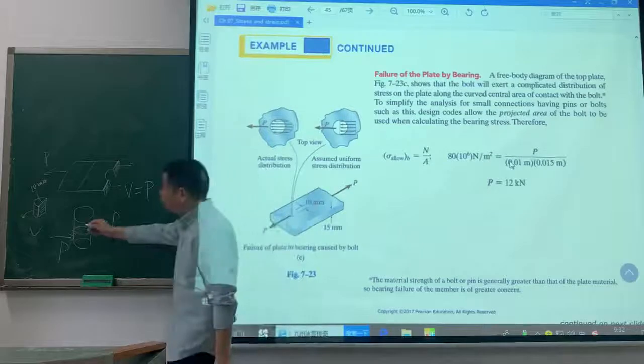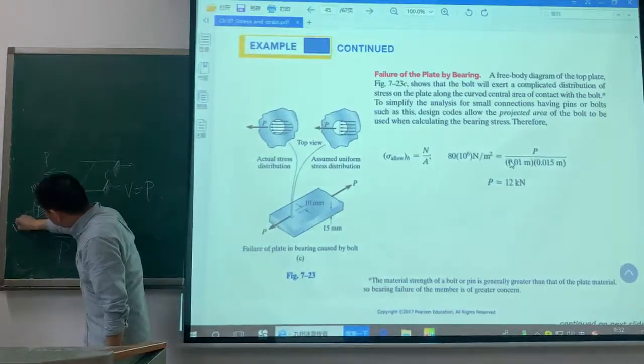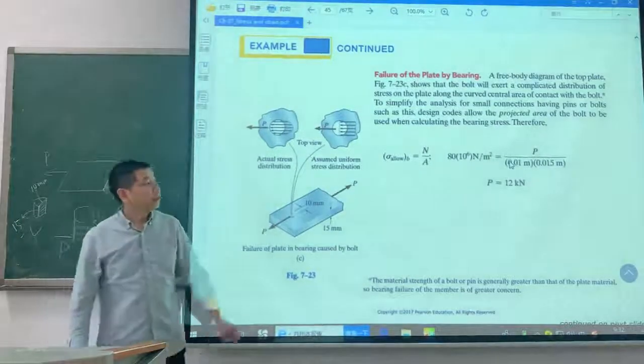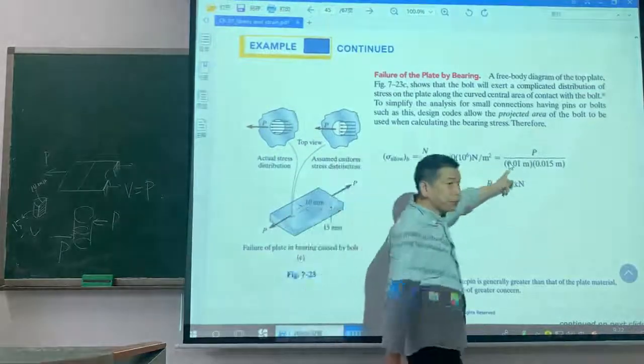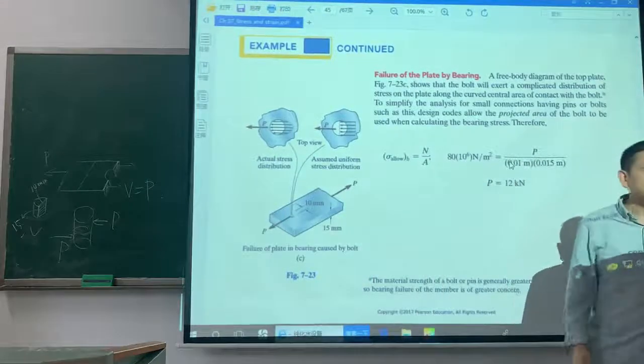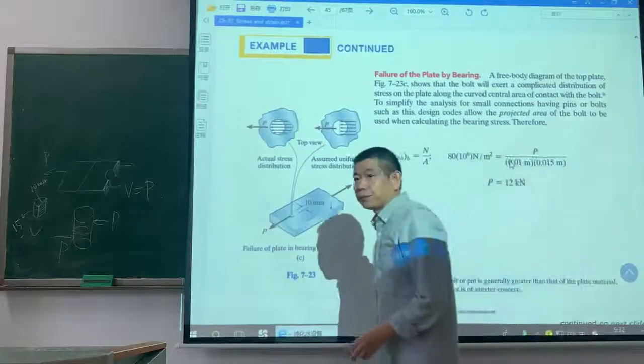This is the area. Is 10, is 15. So P, we can get P is 12 kilonewton.